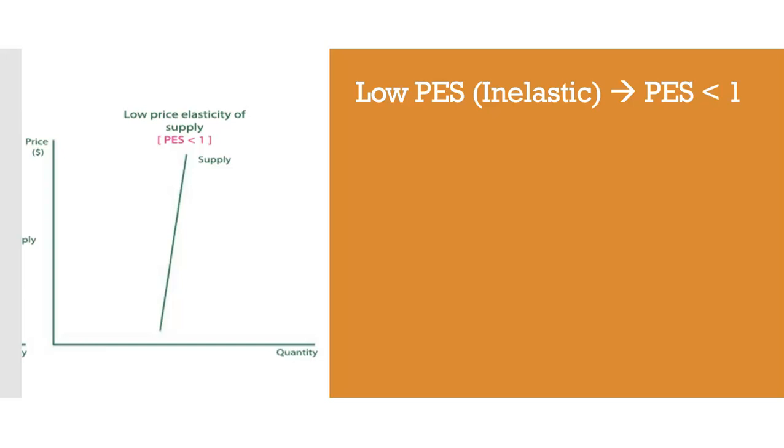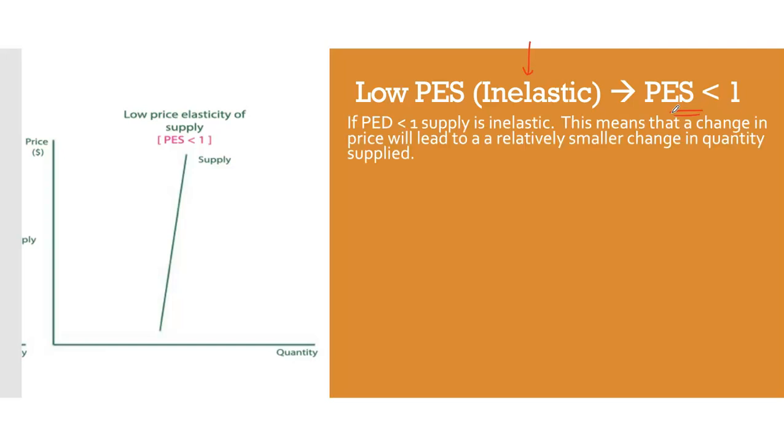This is different to a low price elasticity of supply curve, which we would say is inelastic, and this is for goods and services where the PES is less than 1. If PES is less than 1, the supply is inelastic. This means a change in price will lead to a relatively smaller change in quantity supplied.